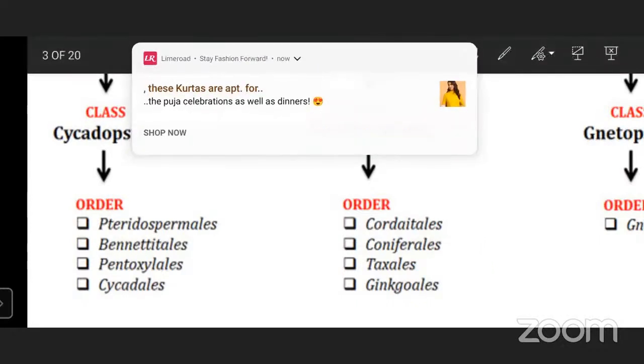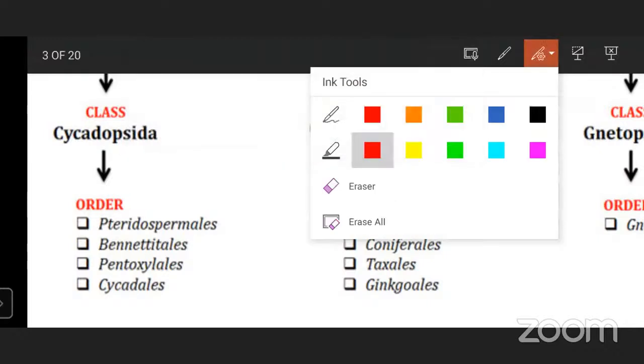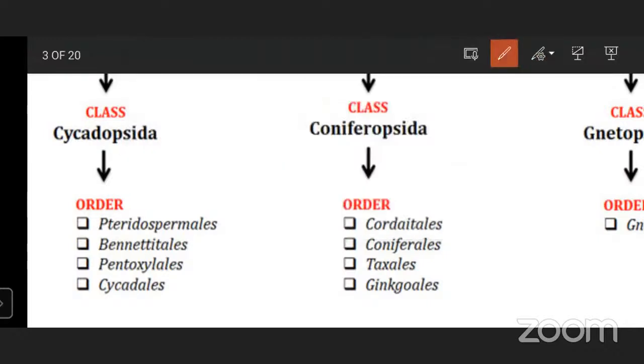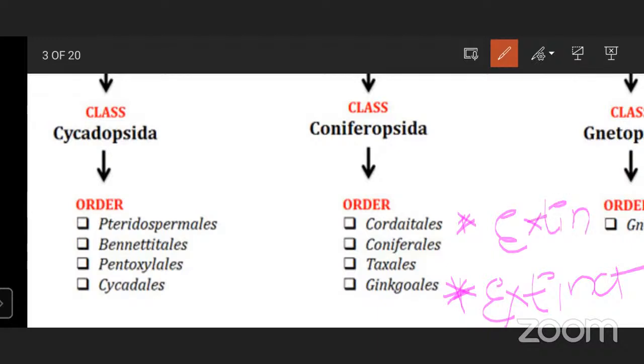Okay, and these two orders, Cordaitales and Ginkgoales. In these two orders, all the plants are extinct. Extinct means they are not present on the earth surface. They all died in the ancient days.